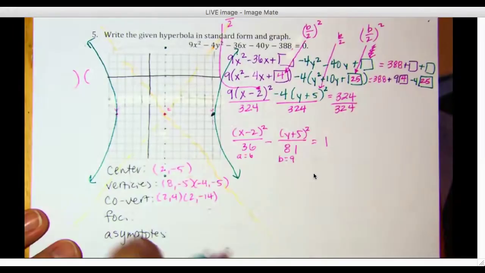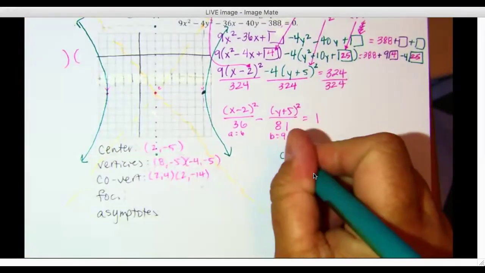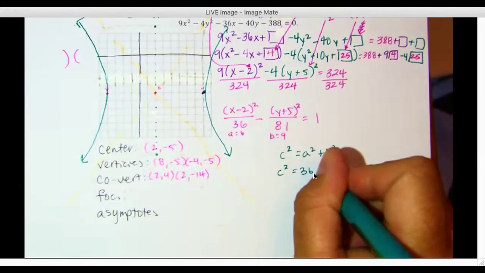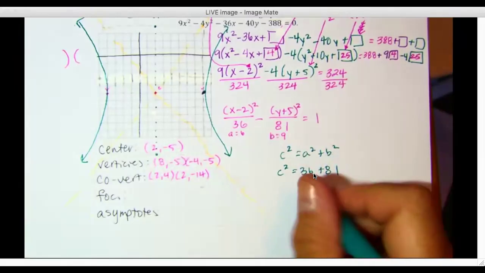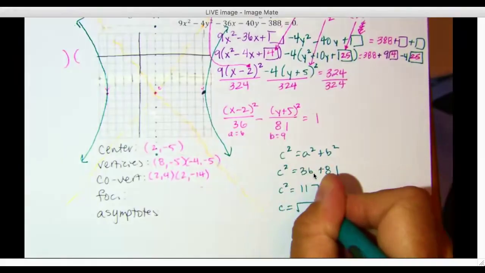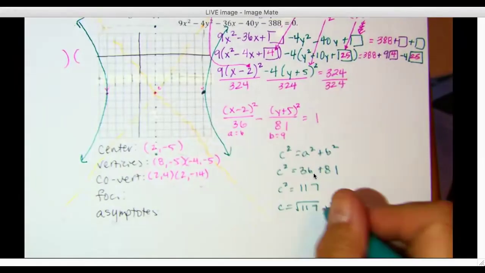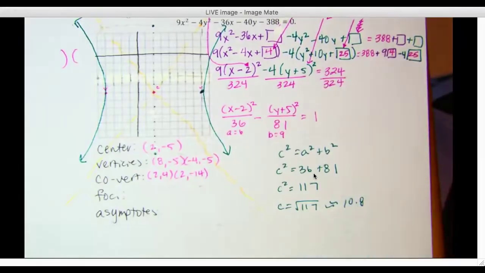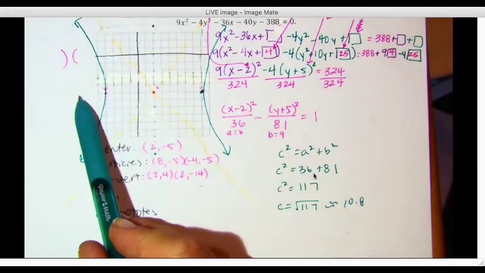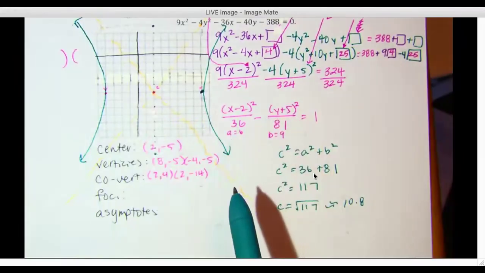The only other things I need are my foci and my asymptotes. So for the foci, I need c squared is equal to a squared plus b squared. So c squared is equal to 36 plus 81, and that's going to be 117. So c is equal to the square root of 117, which is approximately 10.8. Okay. So I know I'm going out 10 from my center and out 10 from my center to plot my foci.